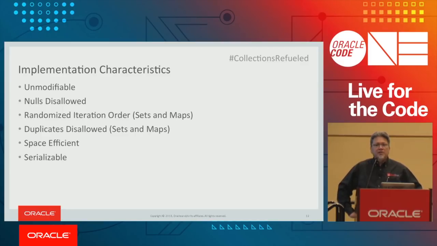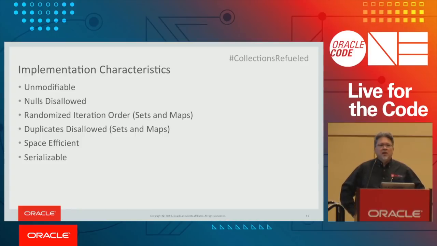But those implementations have characteristics that are quite different from the existing implementations that we know and love, like ArrayList and HashMap. In particular, they are unmodifiable. They're not wrappers around other collections. They are themselves unmodifiable. So once you get one of these new lists, you cannot change the elements. And further, if the elements of that list are themselves unmodifiable, then the whole thing becomes immutable.